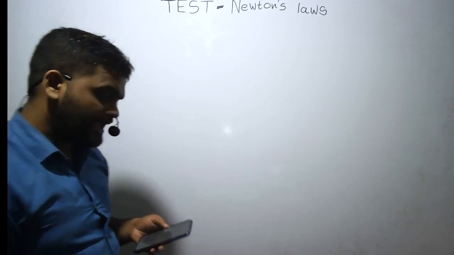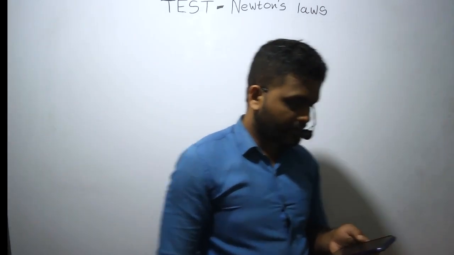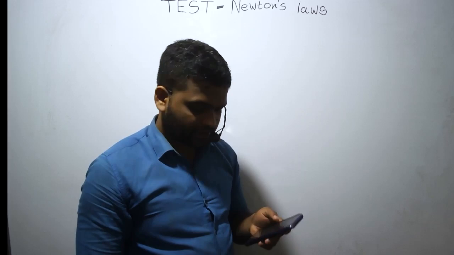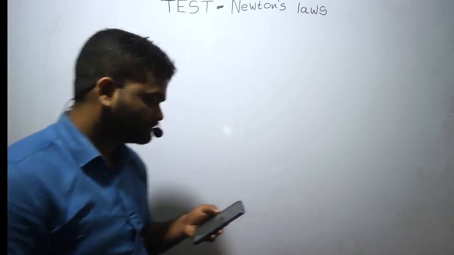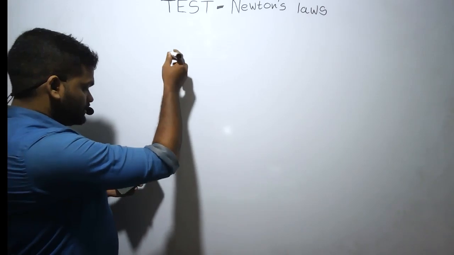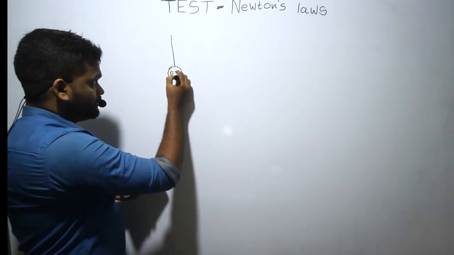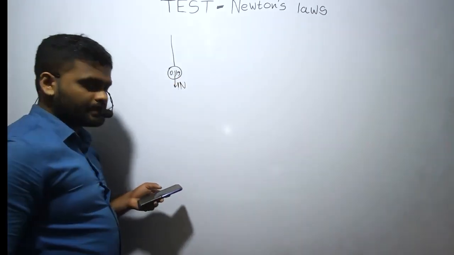Next question, 8. An object with mass 100 gram is hanging by a thread. 100 gram means 0.1 kilogram, right? There's a thread, and 0.1 kilogram means the weight is 1 Newton.